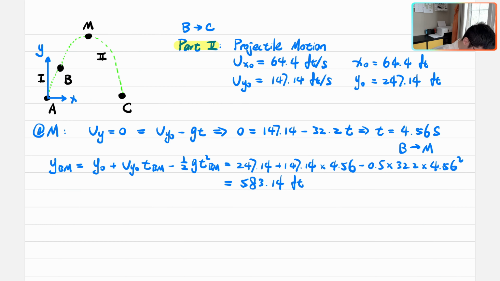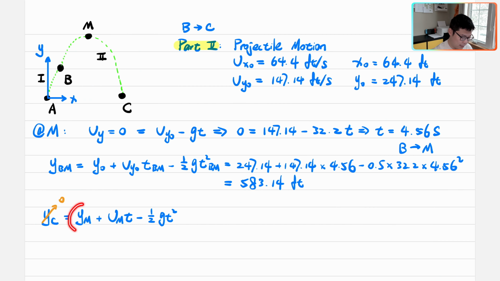So when I'm calculating YC, that is YM plus vertical velocity at M times t minus 1/2 g t squared, and I know this will be 0.